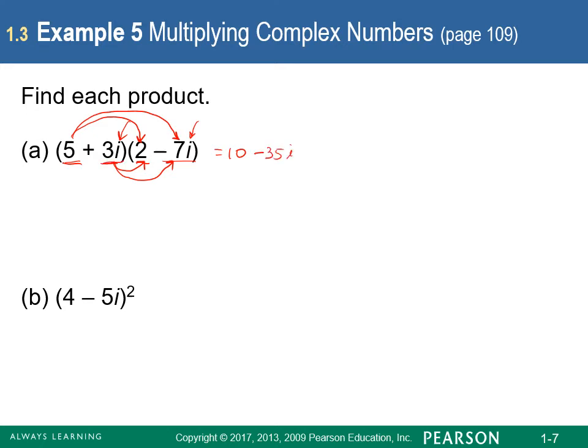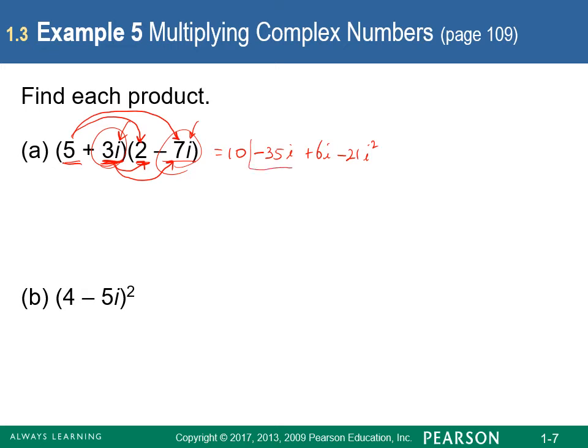We would have a 3i times a 2, which is 6i. And finally, we'd have a 3i times a negative 7i, which is a negative 21i squared. I mentioned this in an earlier screen. i squared is the same thing as negative 1.